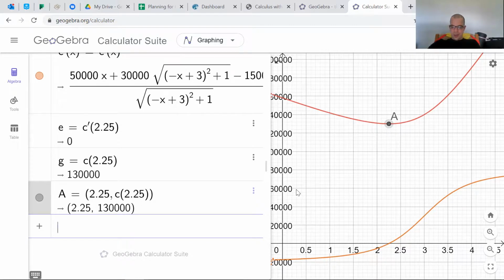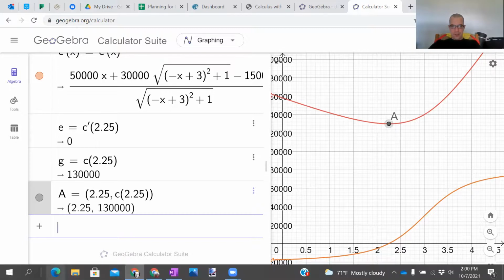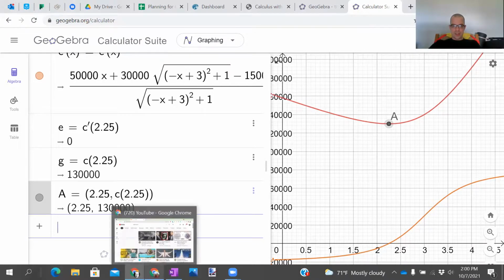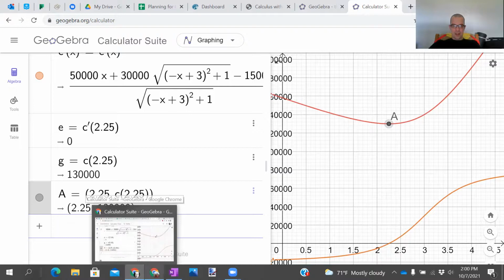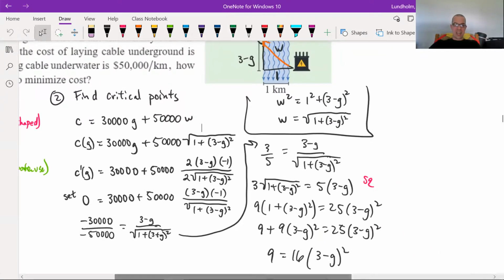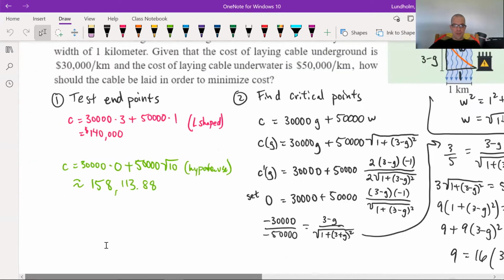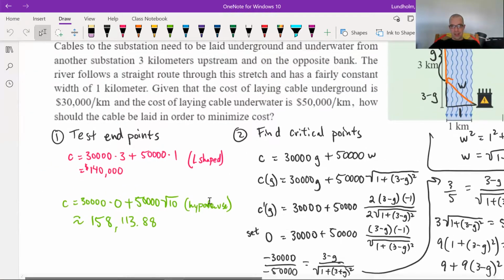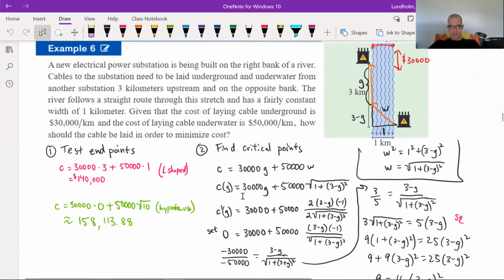And so the $130,000 option is the cheapest. And yeah, we just saved this contractor at least $10,000 from either one of these extreme routes.